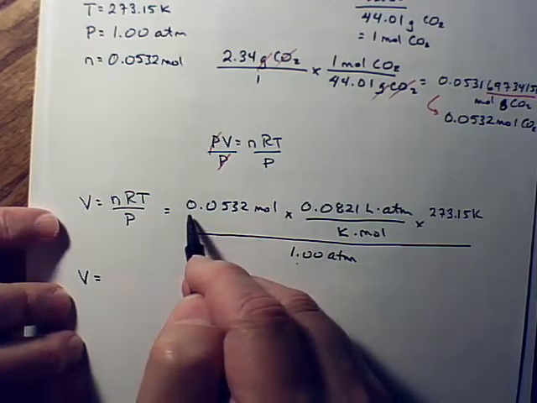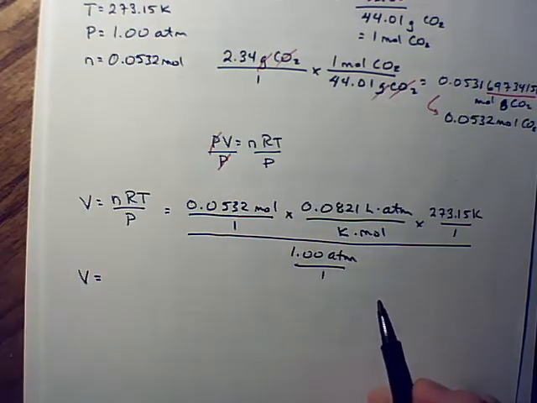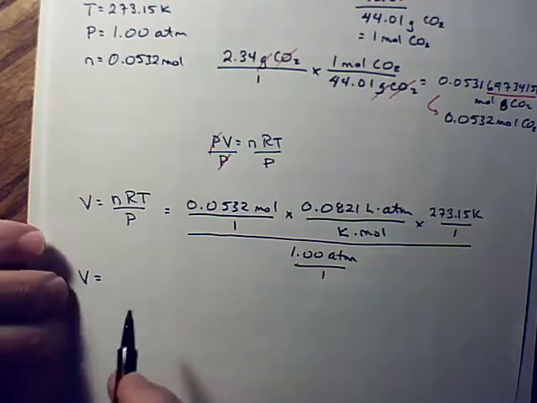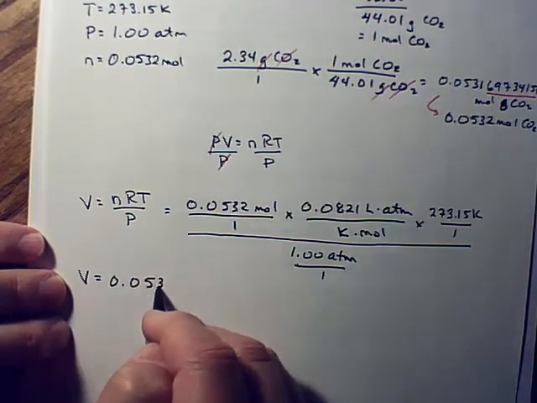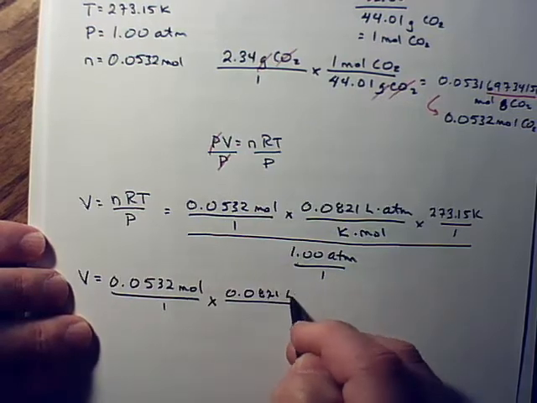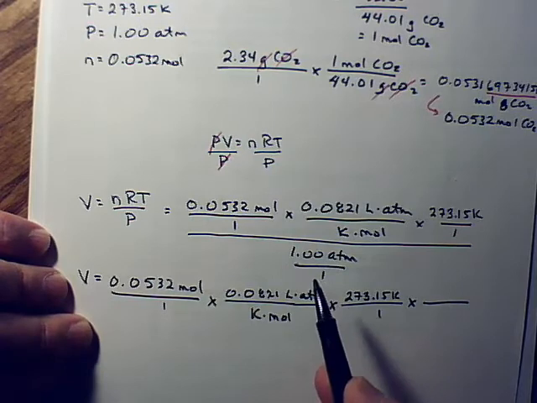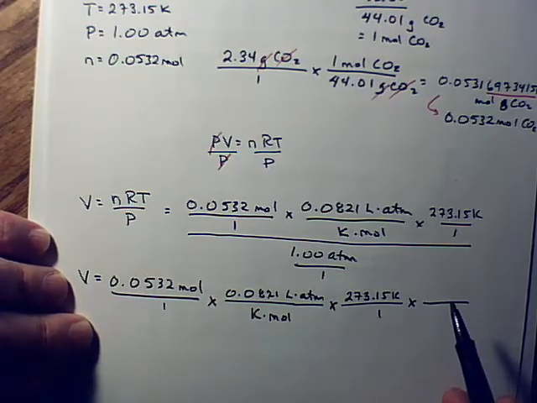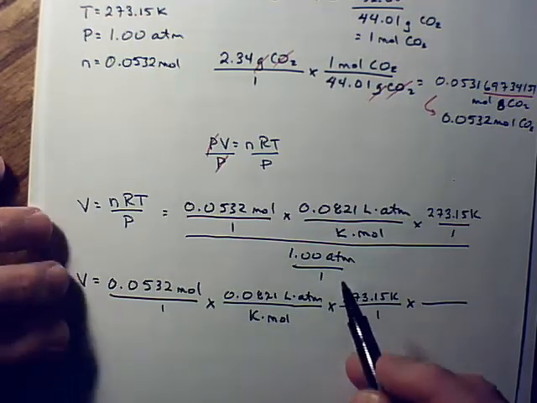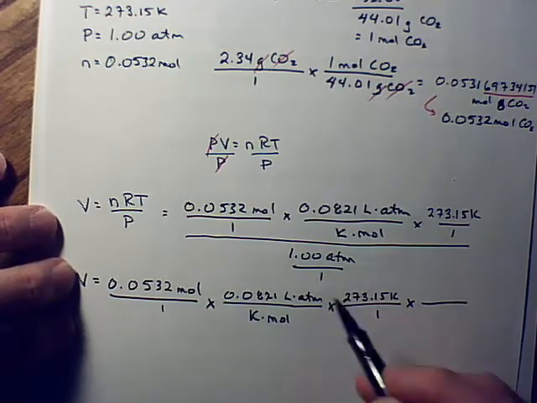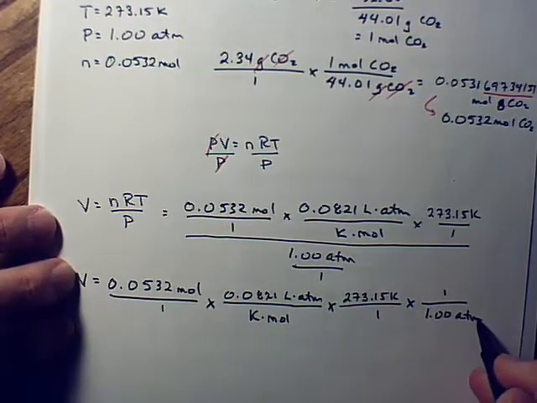All right, so here, put all these over 1. All these that aren't already in a fraction, put them over 1. Okay? And then we're going to rewrite everything on the top just exactly the way the top appears. And then we invert the bottom and multiply. That's what invert and multiply, or multiply by the reciprocal, means. Okay? So we're going to take and flip this one: 1 over 1 atmosphere. Okay?